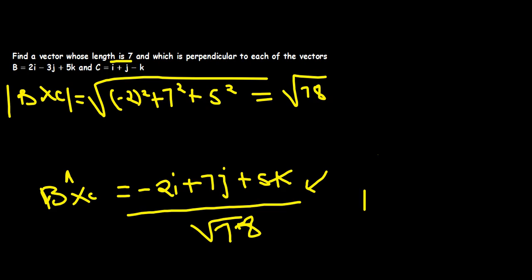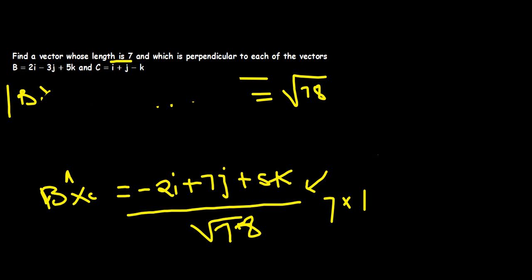So in order to make this unit vector have a magnitude of 7, we are just going to multiply this unit vector by 7. So the vector that we are looking for, we're just going to multiply the unit vector of b cross c by 7.